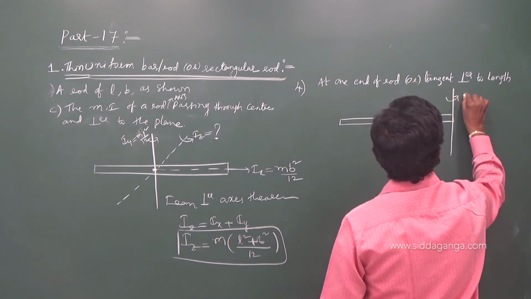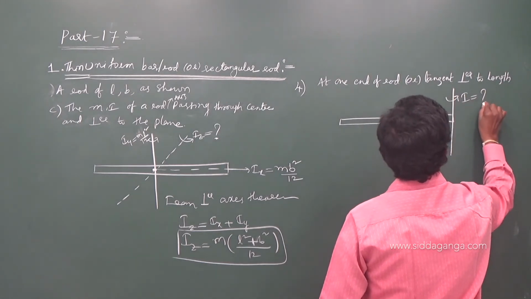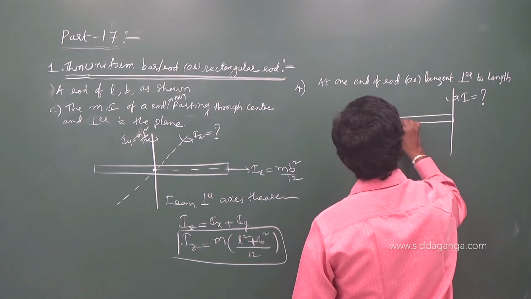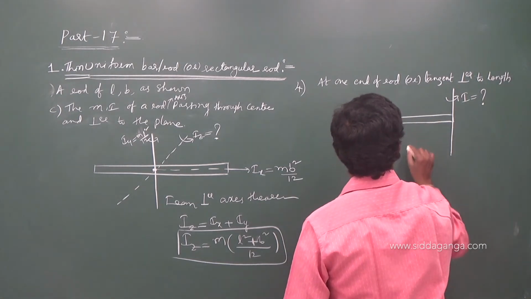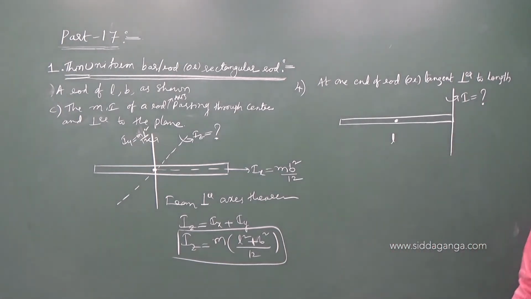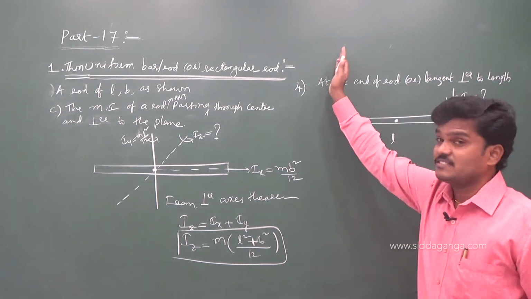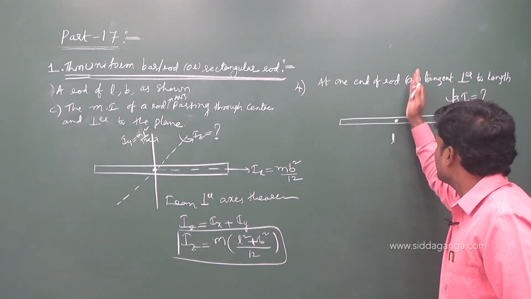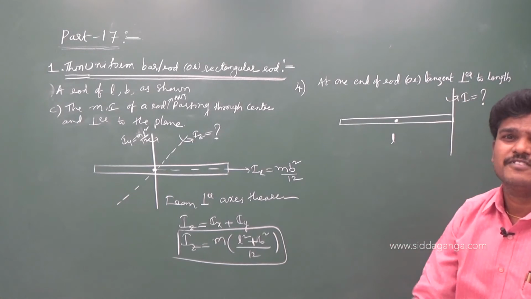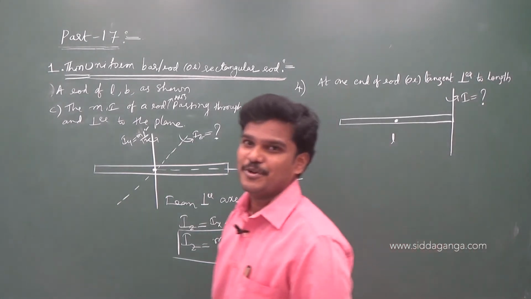About this you find the moment of inertia. About this end, otherwise about this end. About here also we can find, everywhere we can find. So different values we are going to get.